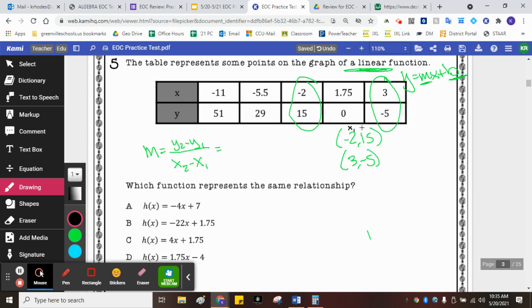Remember x1, y1, x2, y2. You can label them up here if you would like to do that. So y2, -5 minus 15 over 3 minus -2.